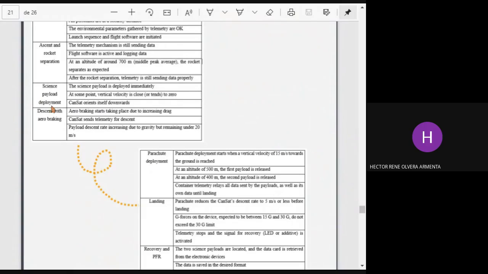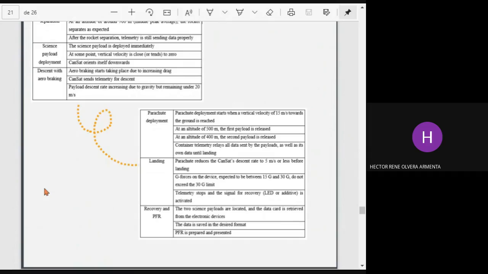Now the science payload deployment, where the science payload is deployed immediately once the rocket is completely separate, and also the descent with air braking or with the parachute.